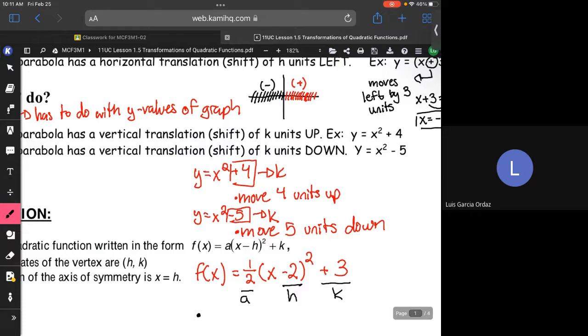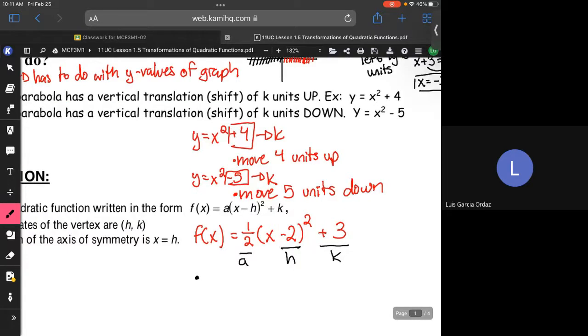So would we have a vertical stretch or compression in this equation? Vertical compression. Vertical compression of what? What's the number there? Vertical compression by 1/2.